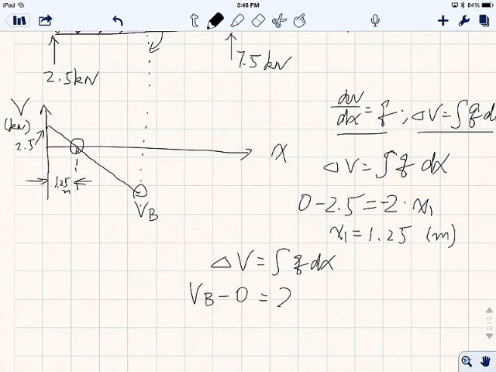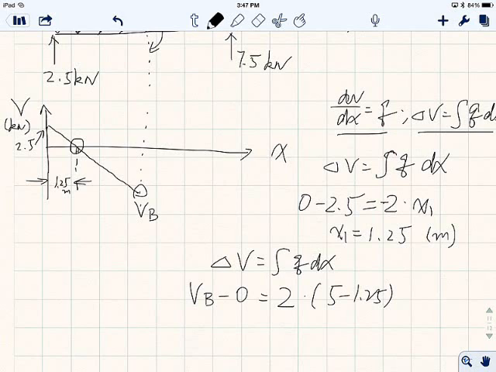So that equals 2 times whatever length over here from this point to this point, right? So we know that length is 5 minus 1.25 because the total length from here to here is 5, and we already know 1.25 is the length over here, so the rest of it will be the length, right?